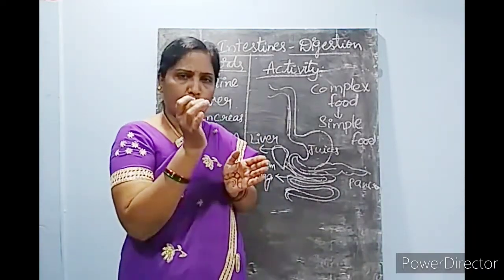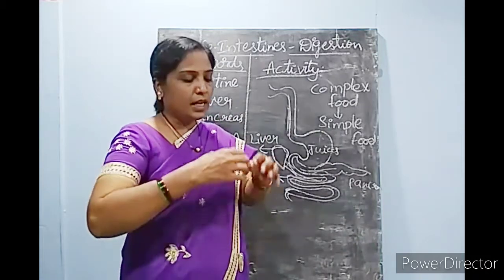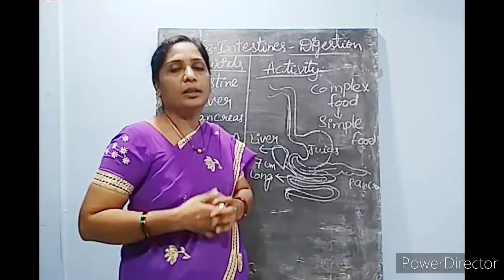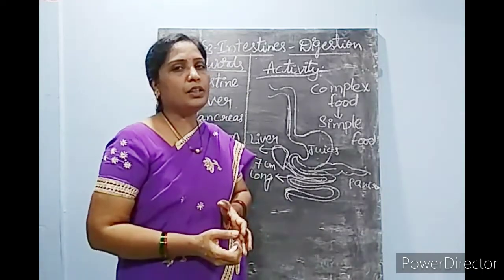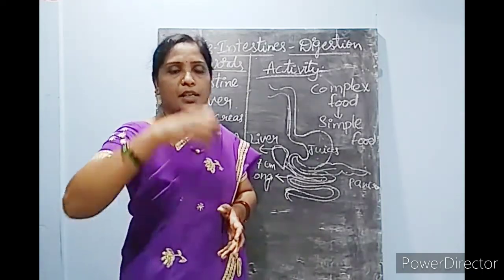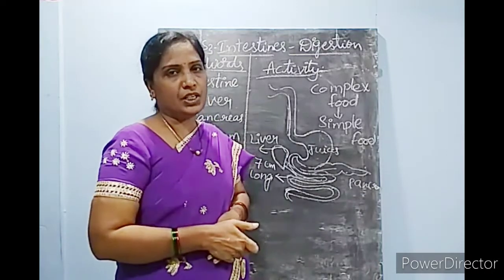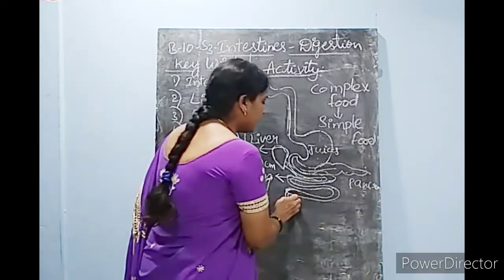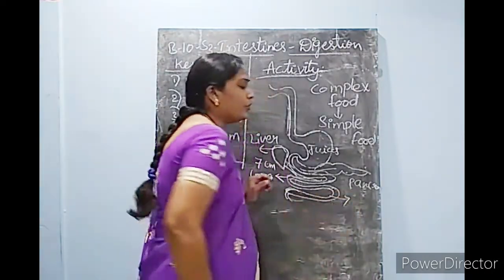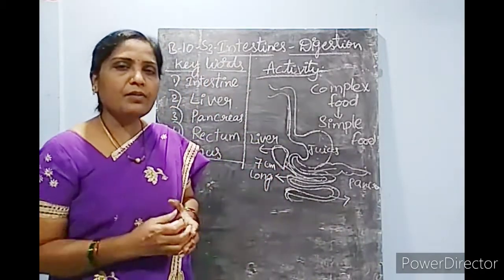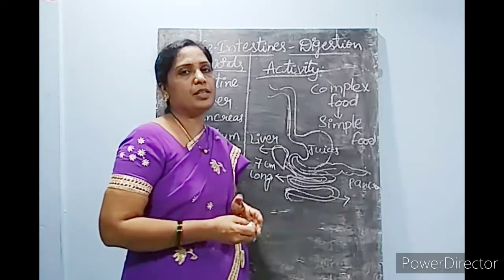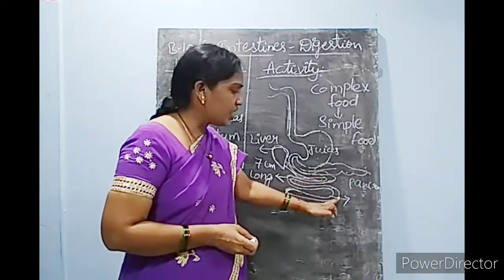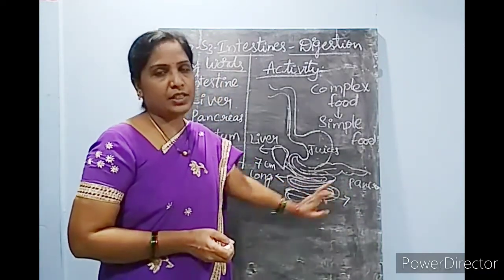They will make it into very simple substances which can mix in the blood and which can break down with the help of oxygen and release energy. That means in the small intestine, the food becomes even simpler, very simple substances, the food gets changed in the small intestine.